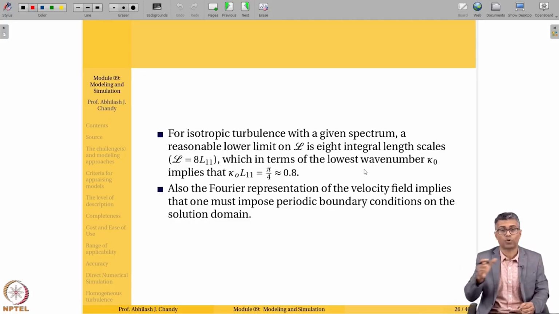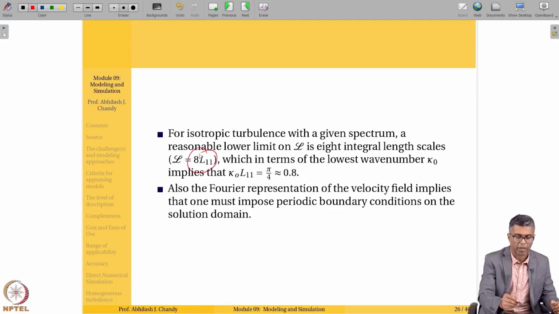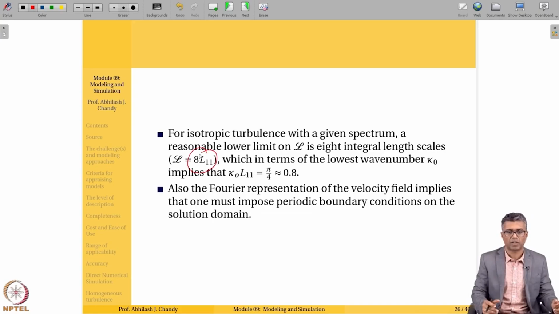So 6 L0 to 1/6 L0 was the range where the energy containing range was. So this is pretty much comparable with that. So 8 times the integral length scale.